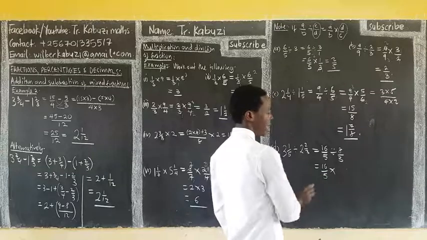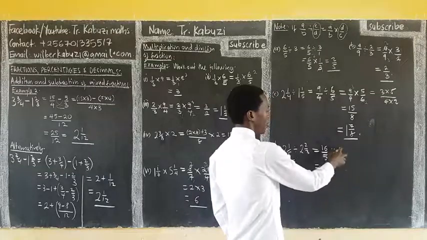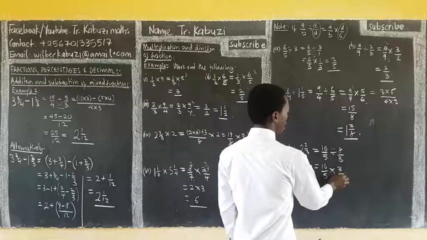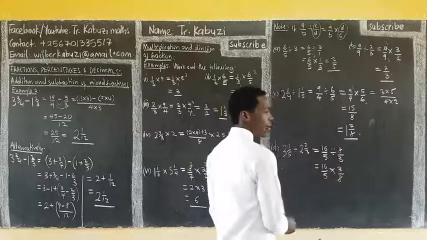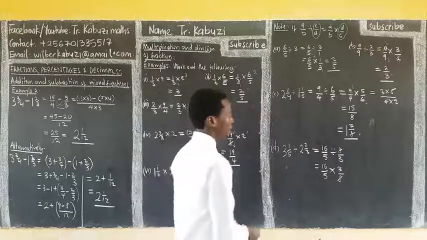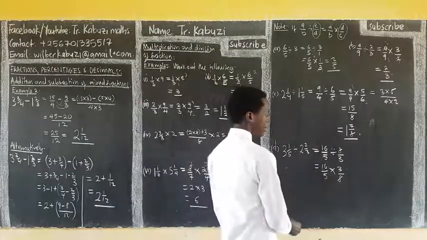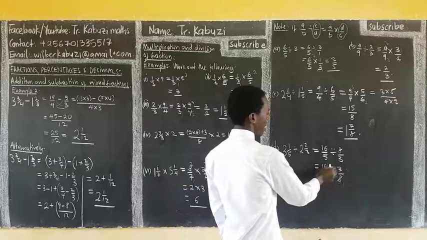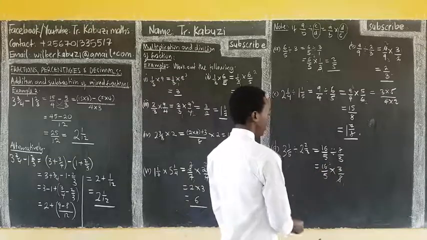When you write the multiplication sign, what happens to this? It becomes 3 over 8. Can you reduce? Okay, this and this, right? 8 goes here. What about here? 2. So what are we having?